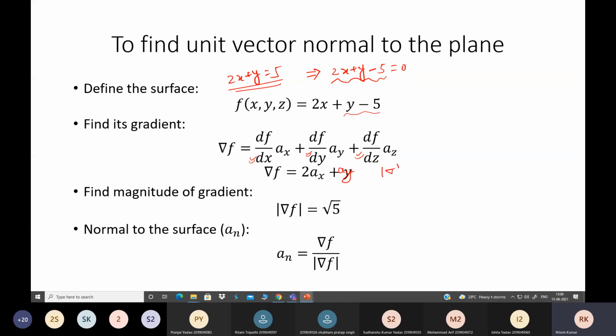The magnitude of the gradient of f should be the square root of 2 squared plus 1 squared. So it is the square root of 5. And the normal can be found as del f divided by its magnitude. So what is del f? It is 2ax plus ay, divided by root 5.